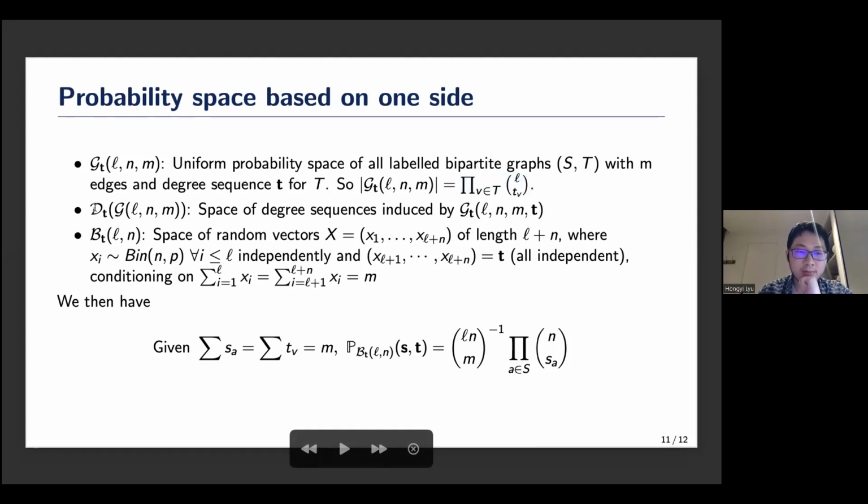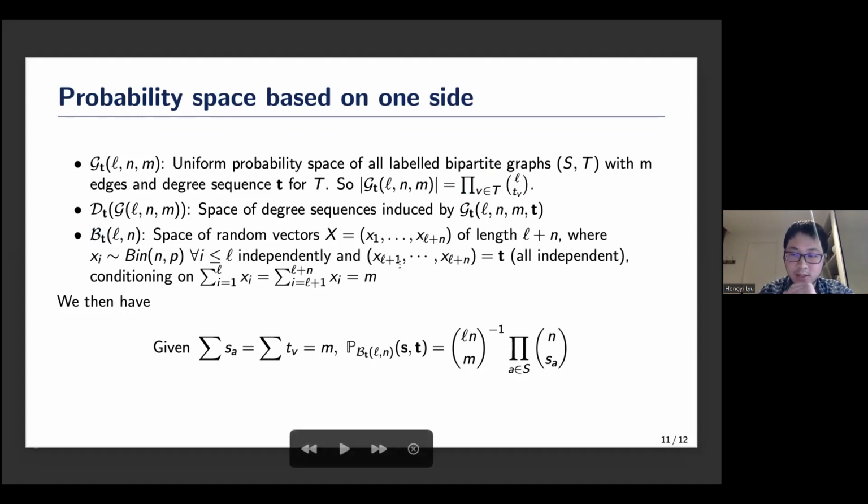And we define D to be the space of degree sequences induced by GT, and DT. And the difference between this binomial space BT and the original binomial space is that the last n elements will no longer follow a binomial distribution.